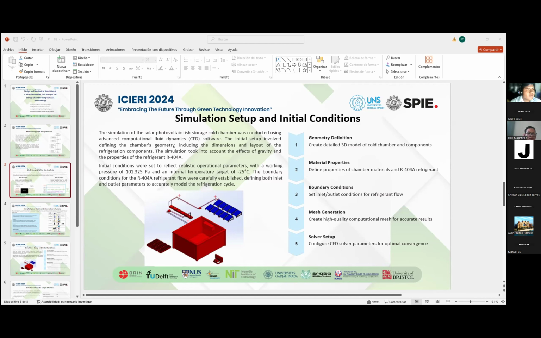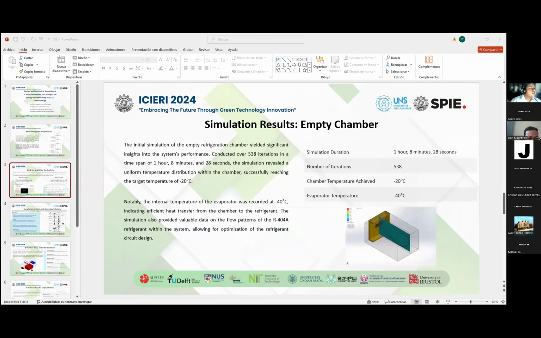Four, mesh generation: create a high quality computational mesh for accurate results. Five, solver setup: configure CFD solver parameters for optimal convergence. And simulation results, empty chamber.